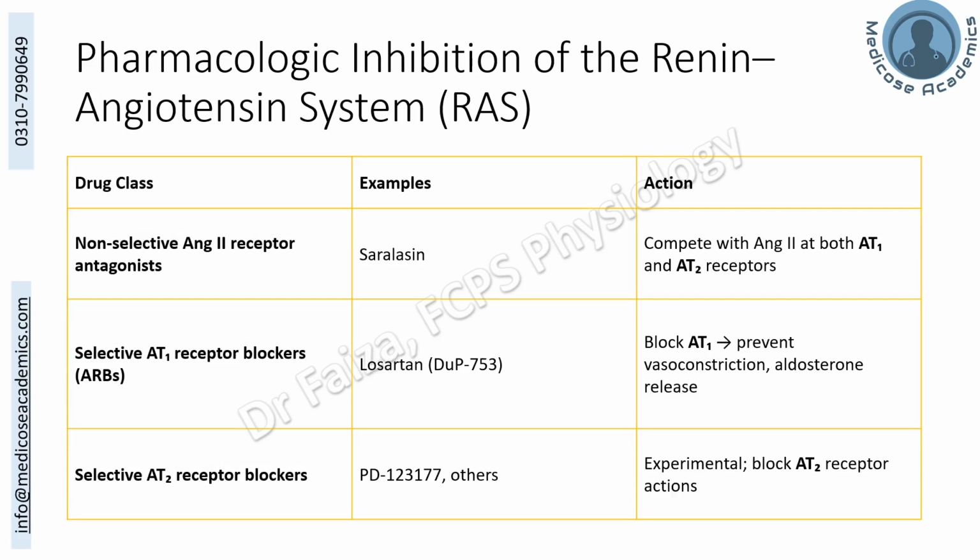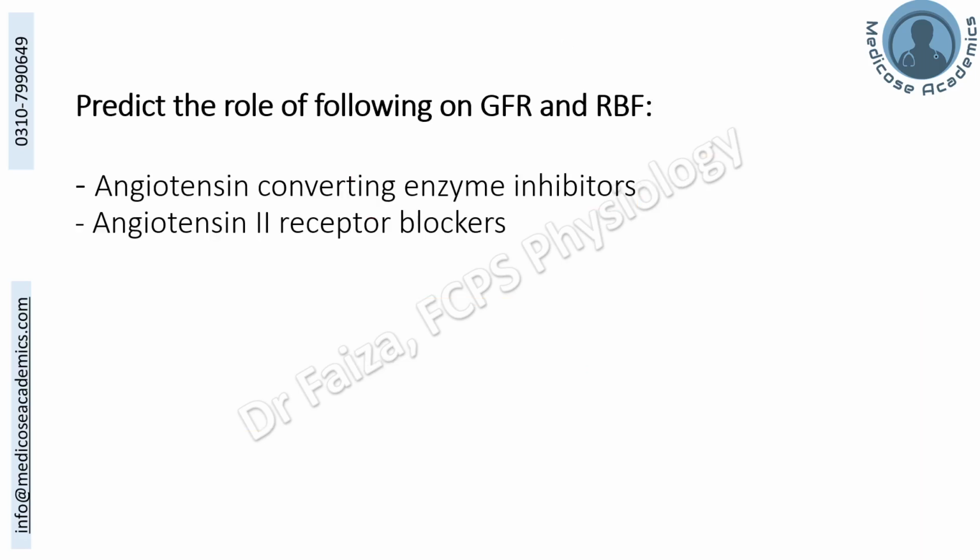This is the therapeutic examples of angiotensin 2 receptor blockers. As we saw in the previous flow chart, angiotensin has two types of receptors, type 1 and type 2 receptors. Type 1 receptors are particularly there for the efferent arteriolar constriction. So, if we are talking about the therapeutic target, let's predict the impact of these on the GFR and renal blood flow.